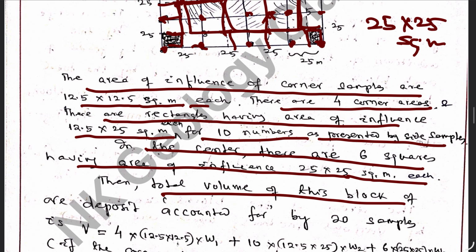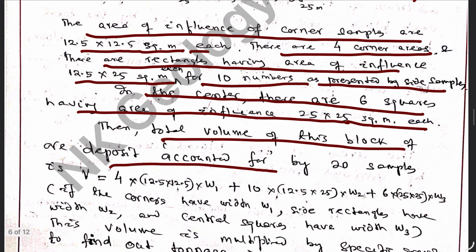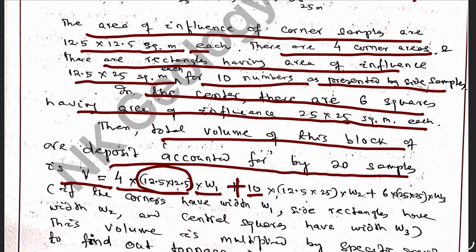So the total volume of this block of ore deposit accounted for by 20 samples is V, which is equal to 4 into the corner areas, 12.5 into 12.5, into their width W1, plus 10 side blocks, 12.5 into 25, with their width W2, plus 6 central blocks each having area 25 by 25, if their width is W3, then 6 into 25 into 25 into W3.